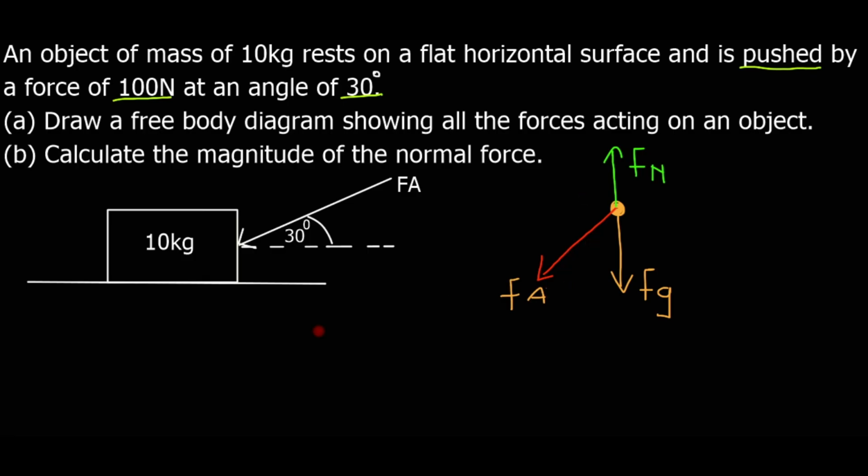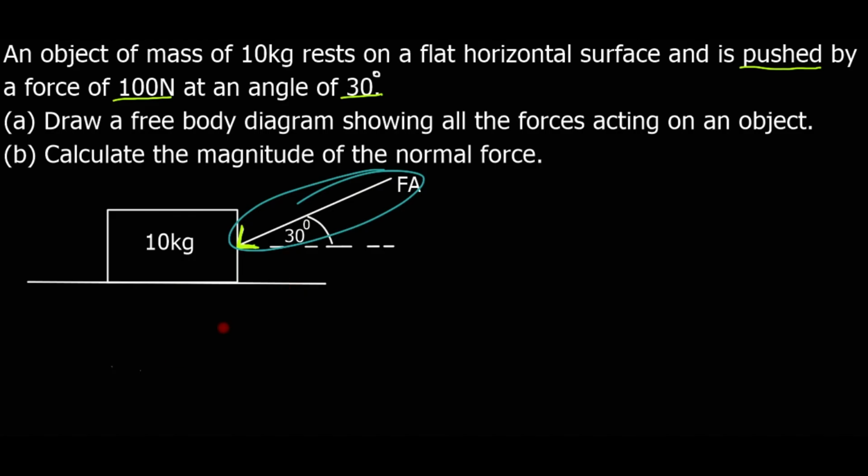Our part B question: calculate the magnitude of the normal force. But now notice something. This object is being pushed downward. The vertical component of this force is downward because the object is being pushed downward.